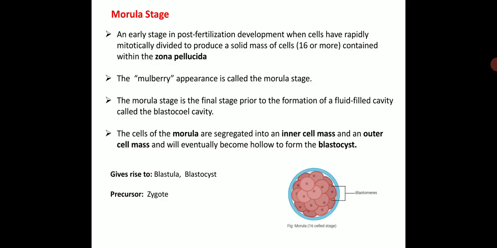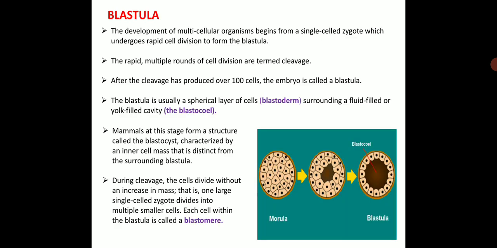So here you can see the blastula and the blastocyst, that means the morula gives rise to the blastula and the blastocyst. Blastocyst is the mammalian blastula. It starts as a precursor from the zygote.